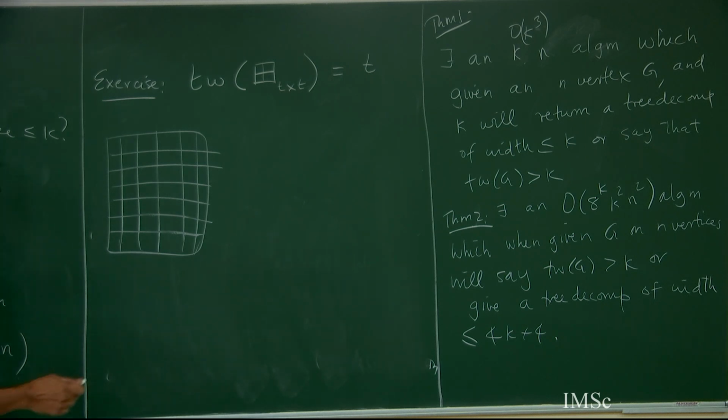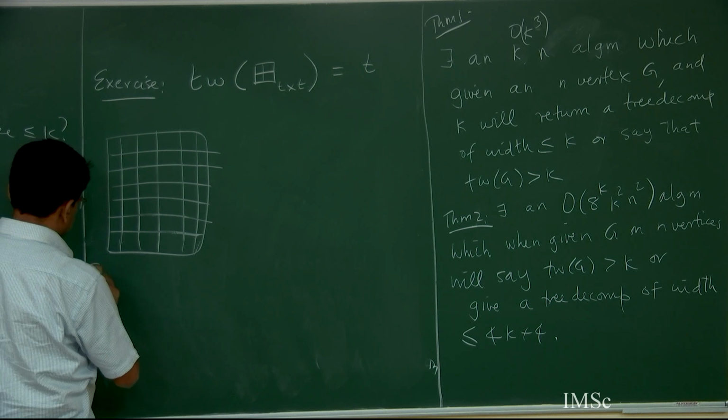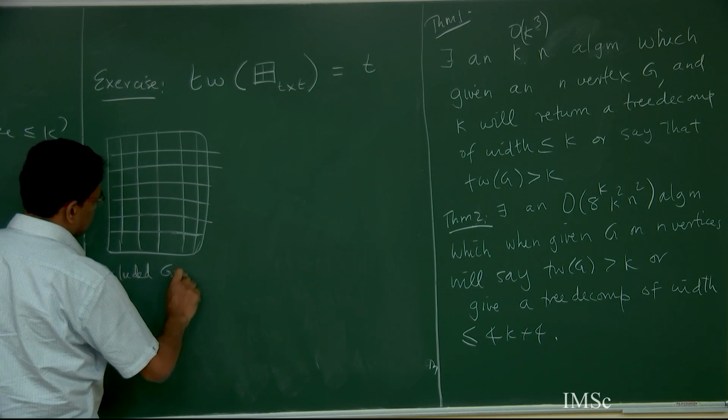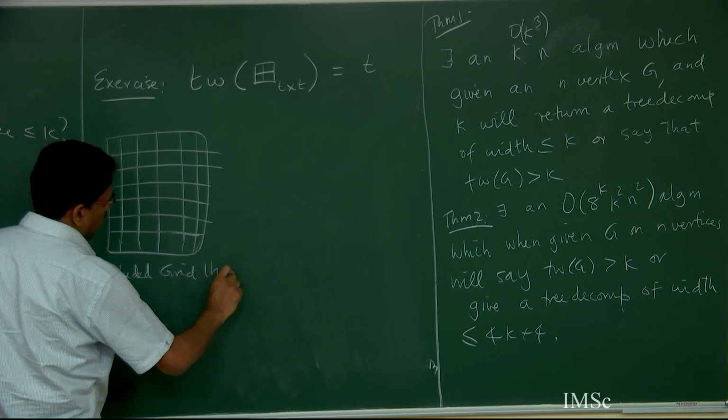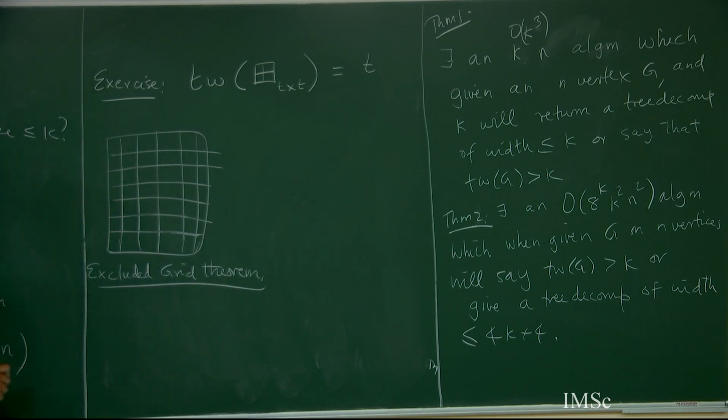Now, again there are some powerful theorems, which is this excluded grid theorem. So one can ask, what is blocking my graph from having small treewidth?